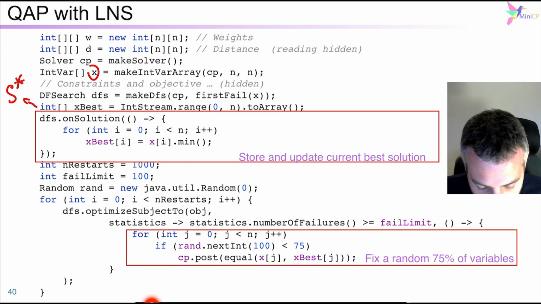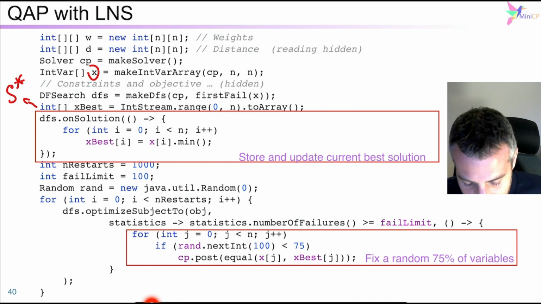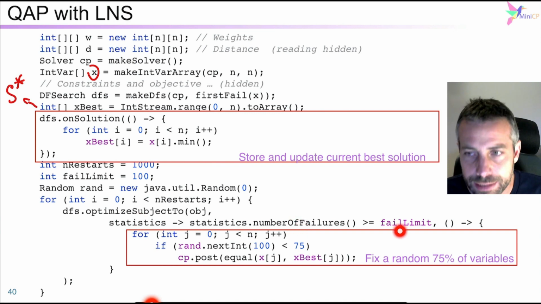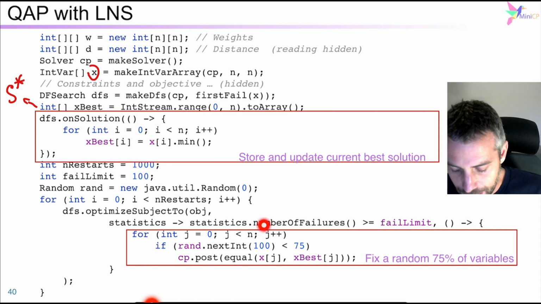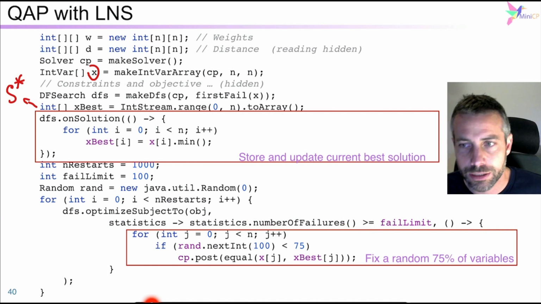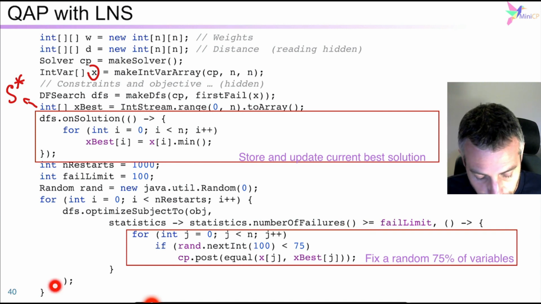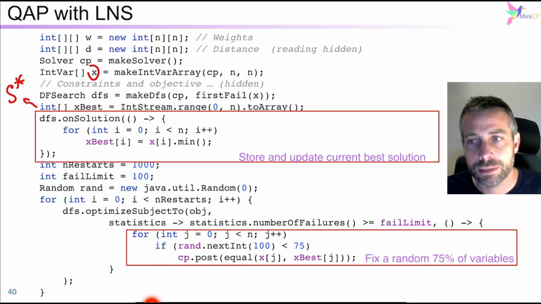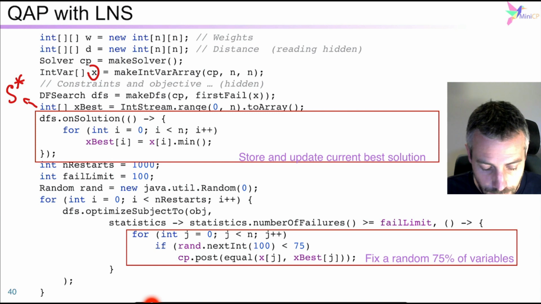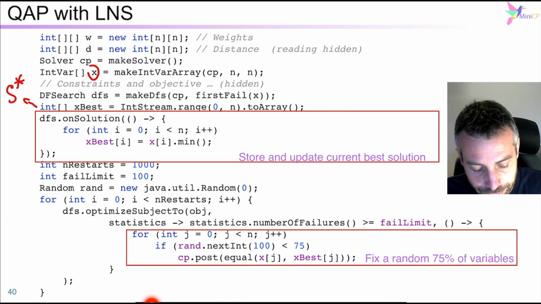In the closure here, we use the statistics of the search and get the number of failures. If the number of failures is larger than the limit that we want to impose of 100 backtracks, then this restart is stopped. We go to the next iteration and start again with another relaxation of 25% of the variables. Again, the modifications here are very small.